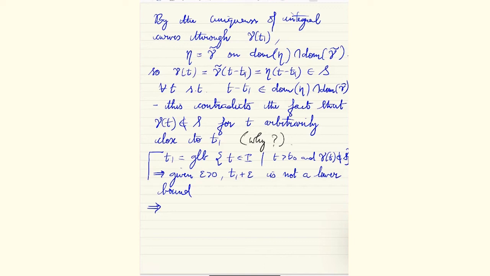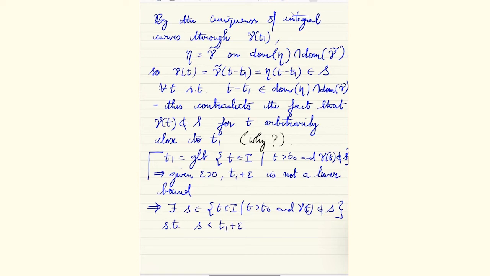So there exists an S in the set, I should have given the set a name, otherwise I have to keep writing the whole set again, so let me do it one last time, with gamma S not in S, such that S is less than T1 plus epsilon.